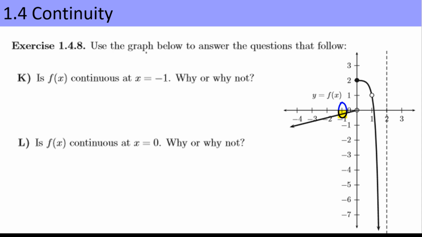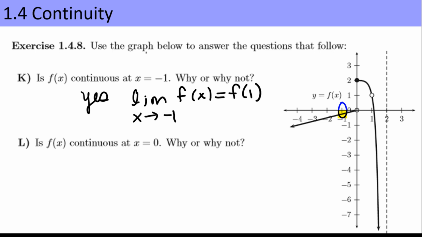We also notice that the limit as x approaches -1 from the left and the right approaches the same function value, and it is also the actual function value, so we say that it is. The limit as x approaches -1 exists. It is equal to the function value at -1, and my best guess looks like it's about -1/4, and so that works.